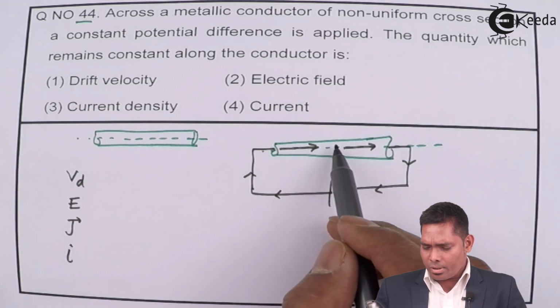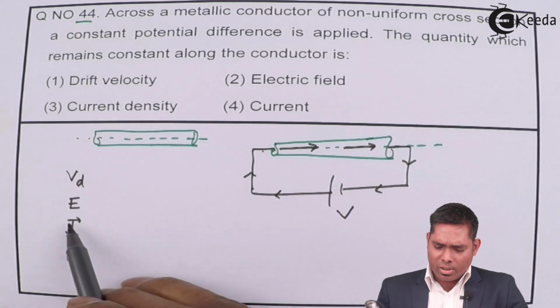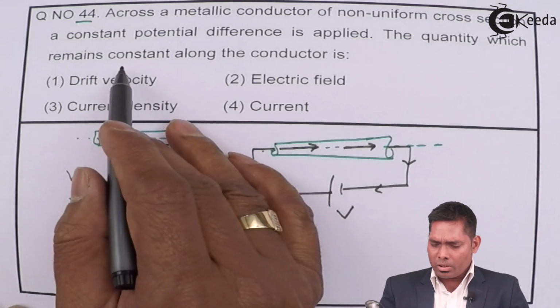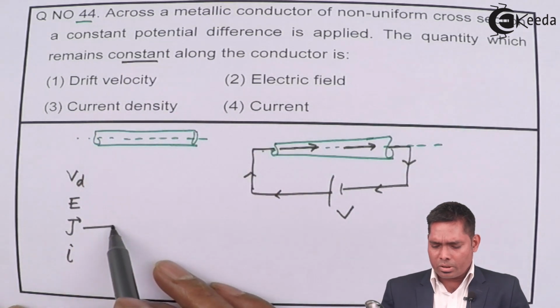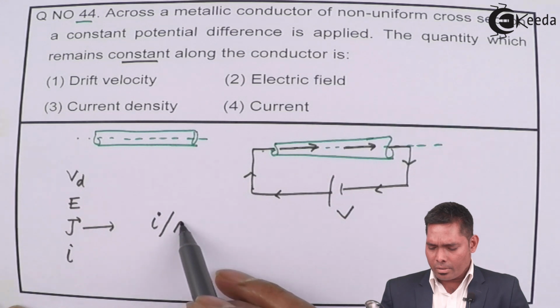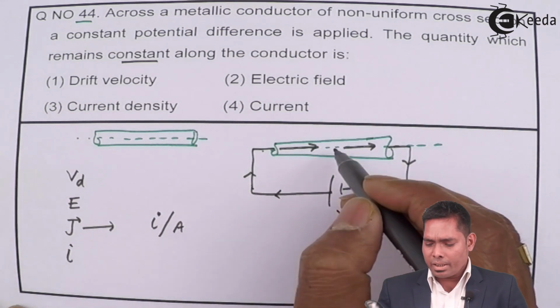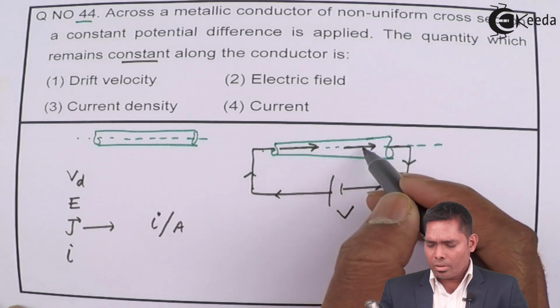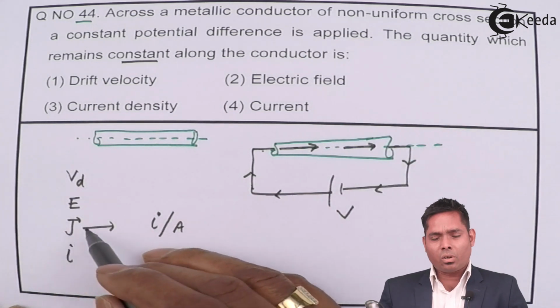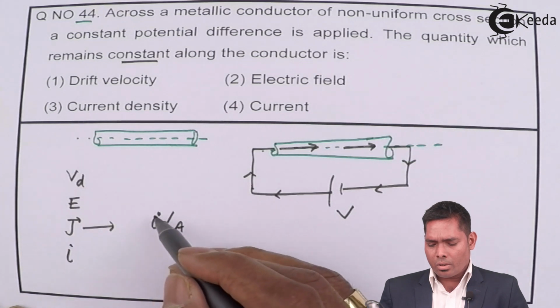The current density will not remain constant, because current density is the current flowing per unit area. Because the area is changing, therefore J is not constant, because I is always the same.